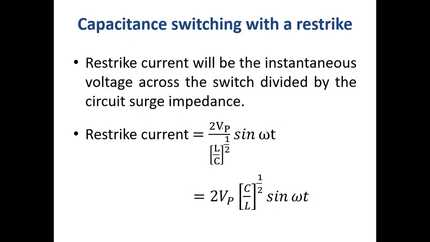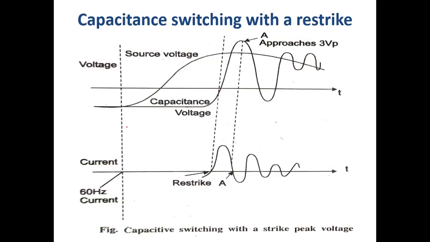During the opening of the circuit breaker, the voltage may increase to twice the value. So the current is 2 Vp sine omega t divided by square root of L by C, which can be written as 2 Vp into (C by L) to the power 1 by 2 into sine omega t. This is the formula used to calculate the restriking current in the power system.